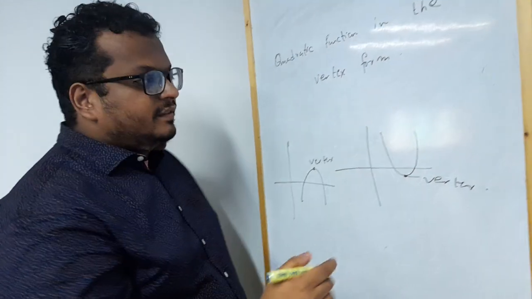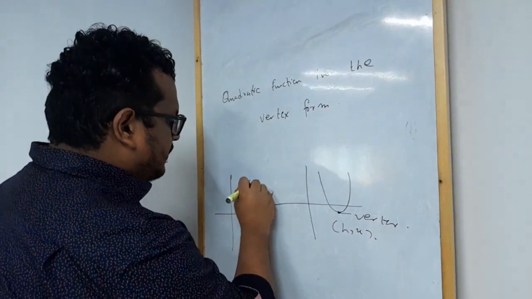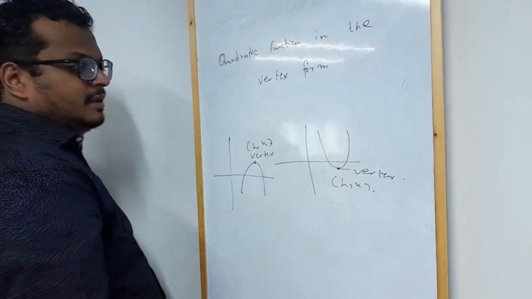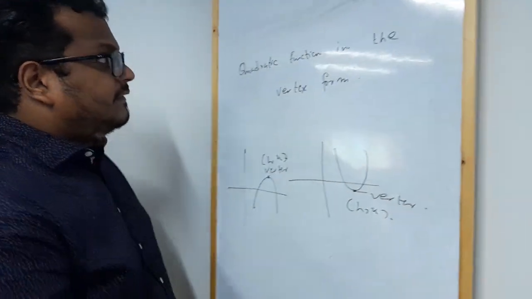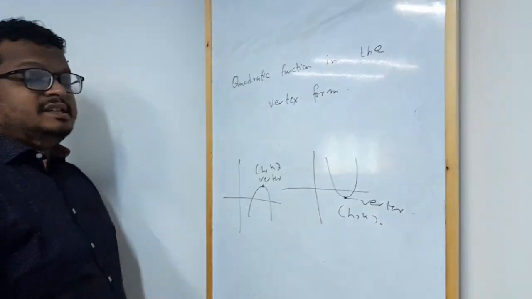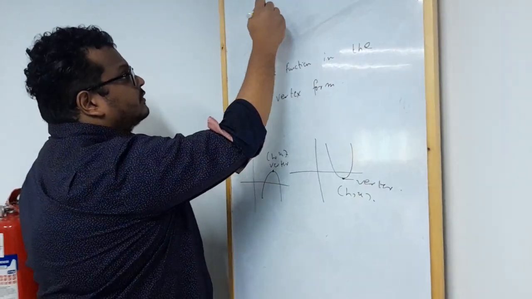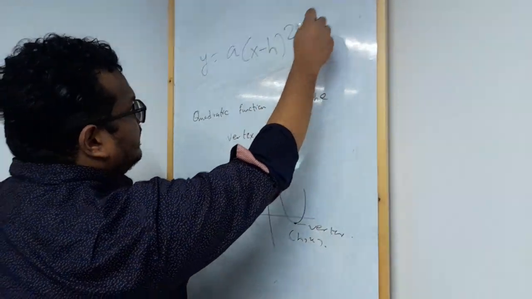The coordinates of the vertex are referred to as h and k. The x coordinate of the vertex is h, and the y coordinate of the vertex is k. So whenever you have an equation in the vertex form, you denote it by y equals a(x minus h) whole square plus k.